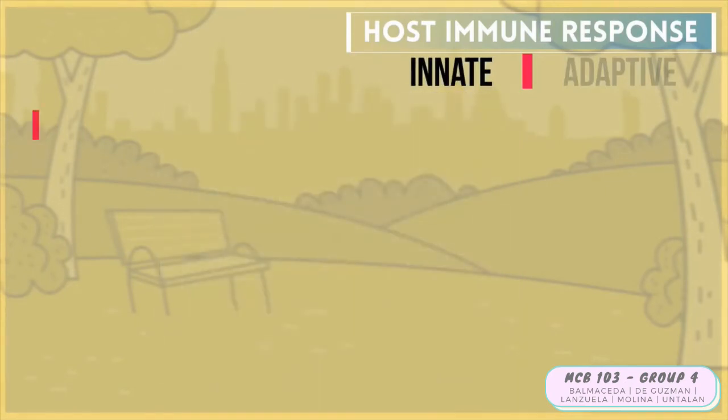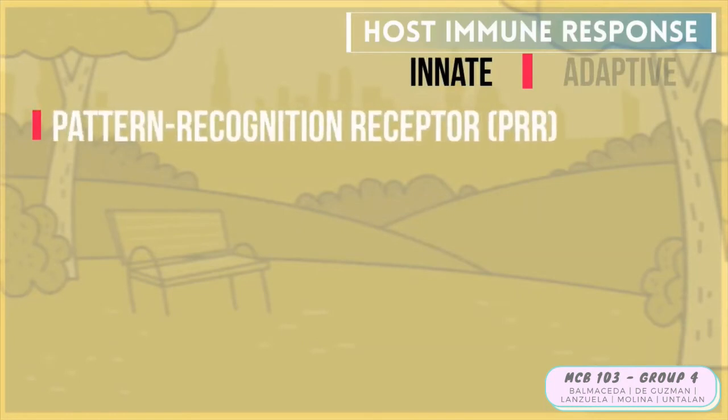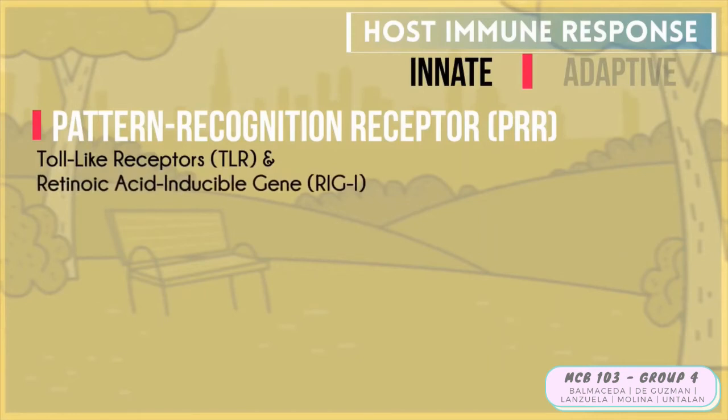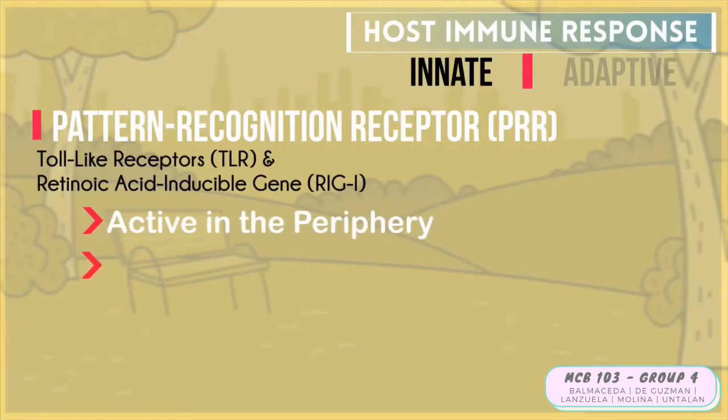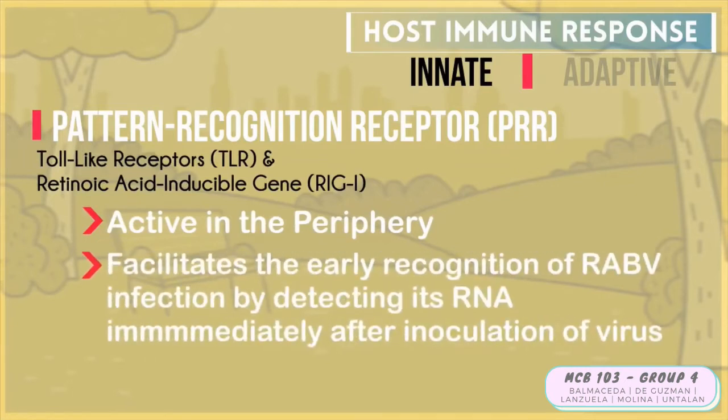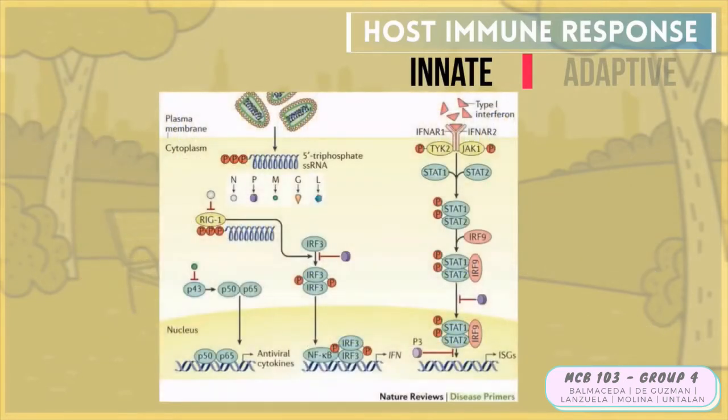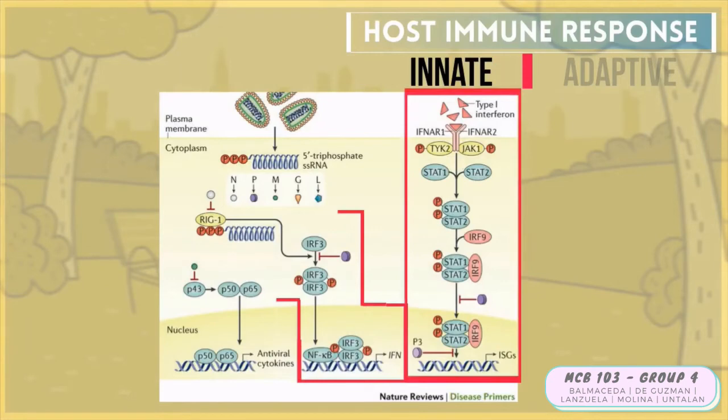First, pattern recognition receptors of the families Toll-like receptors and retinoic acid inducible gene 1, which are active in the periphery, facilitate the early recognition of rabies virus infection by detecting its RNA immediately after the inoculation of the virus in the skin or muscle by scratches or bites. This consequently activates both the nuclear factor kappa B and type 1 interferon-regulated responses.